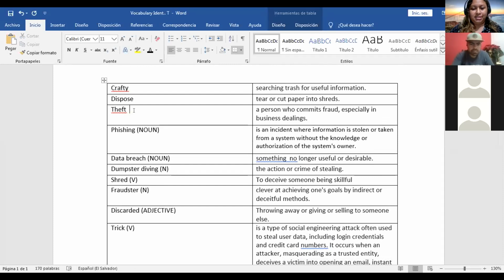Okay. Now, what is theft? The action or crime of stealing. Okay. So there's a game called Grand Theft Auto. Do you know it? Yeah.